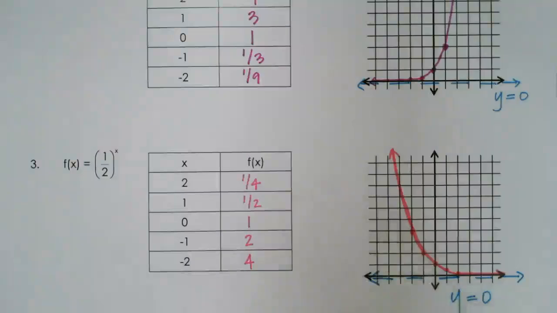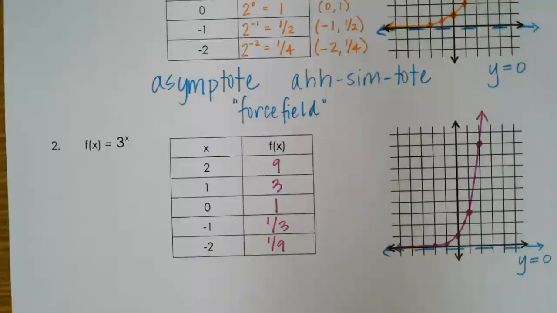All right, so the next thing that we're going to do is go to notebook paper, and we're going to talk about how these graphs are going to help us to actually do a graph that has additional other numbers in the equation.